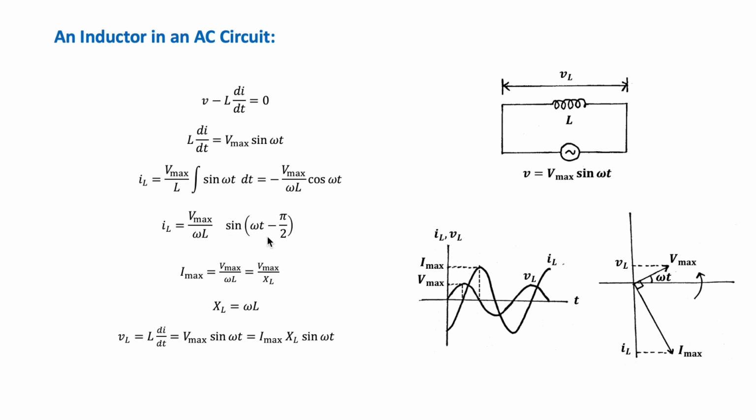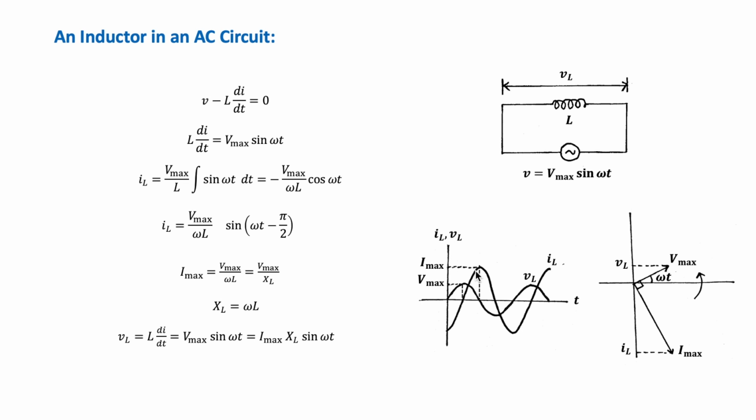As you can see, the current I L and the voltage V are out of phase with each other by pi over 2, or 90 degrees. And so the voltage reaches its maximum value a quarter of an oscillation period before the current reaches its maximum value.